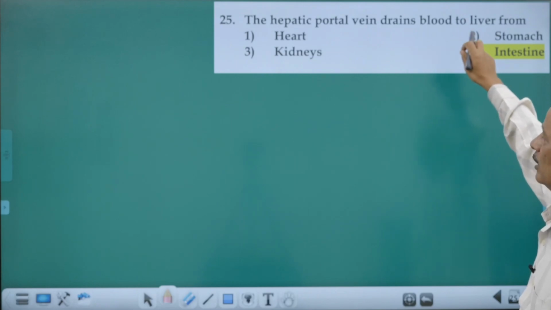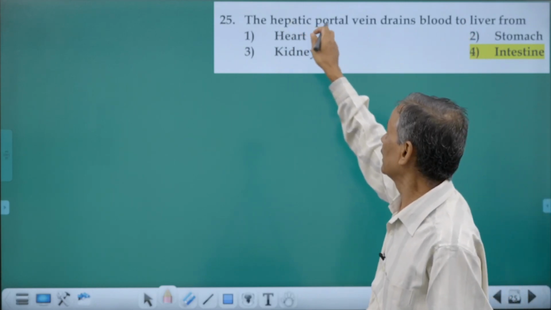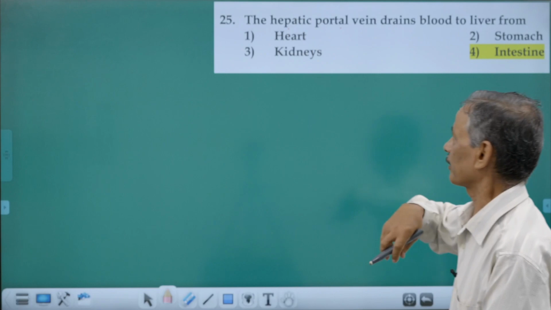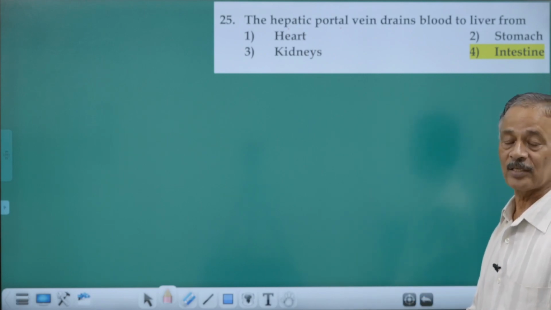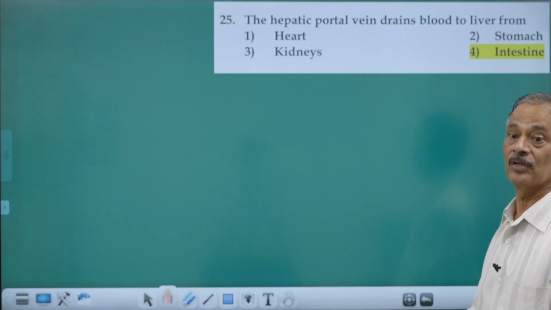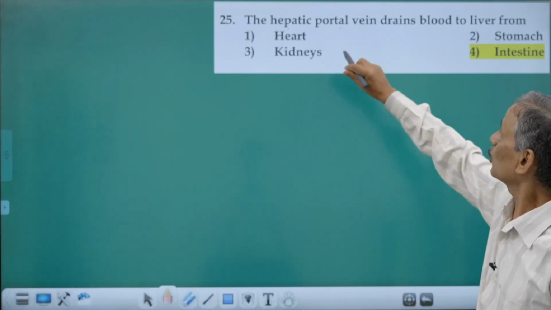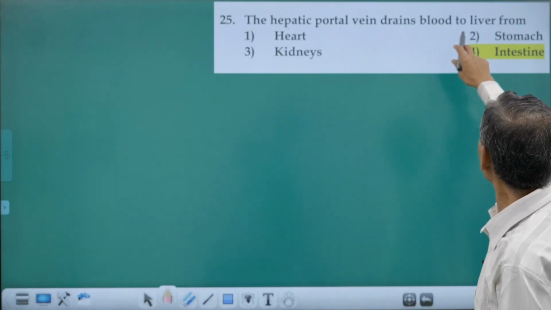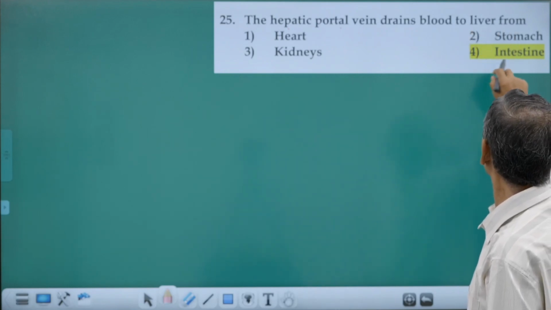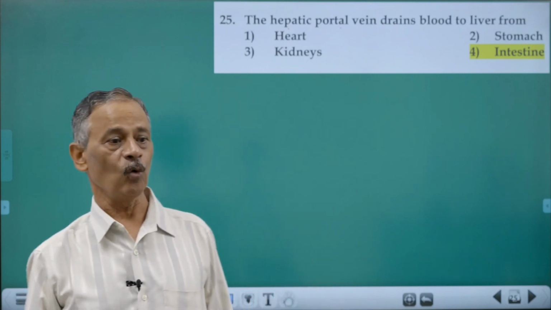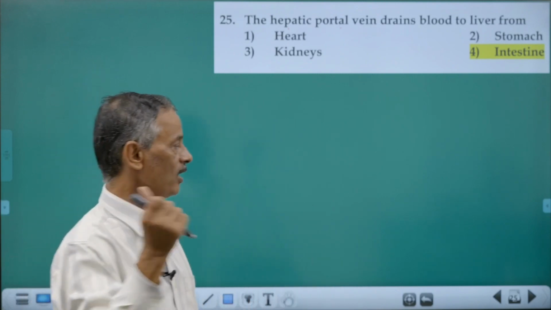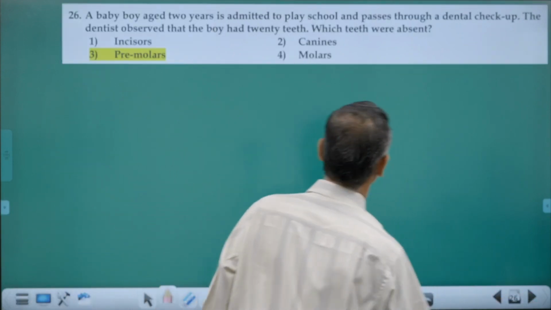Hepatic means carrying material to the liver. Hepar means liver. That's why we use hepatic artery, hepatic veins, hepatocytes, etc. So hepatic portal veins drain blood to the liver from the small intestine, stomach, etc. That's how absorbed materials are carried to the liver.